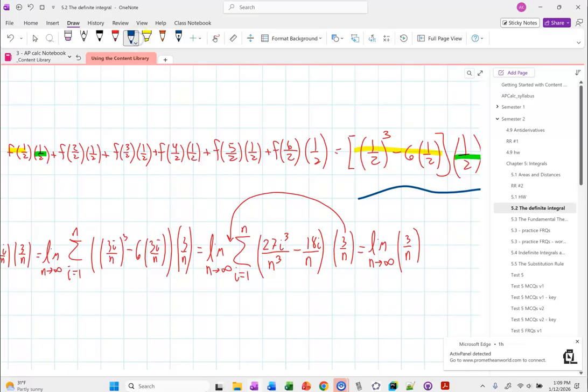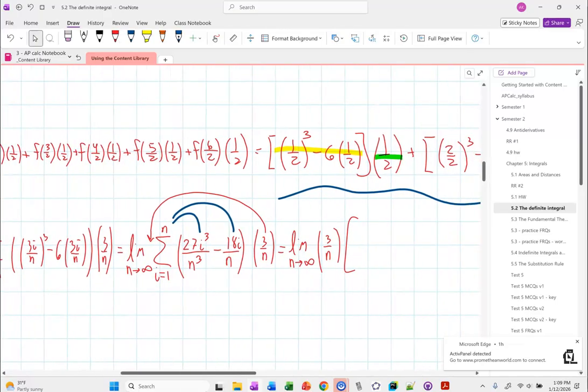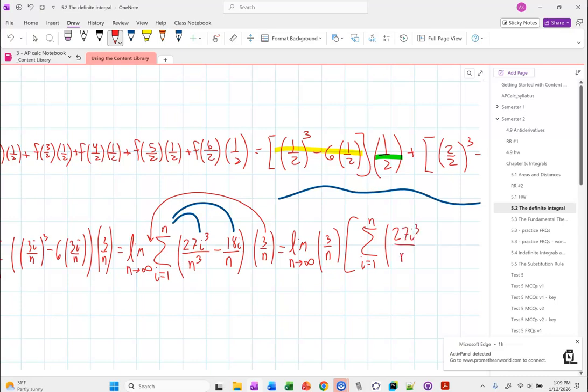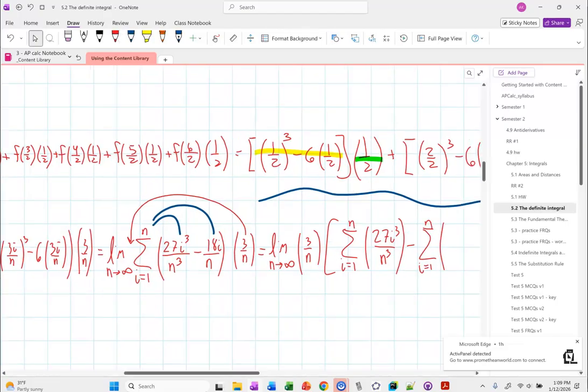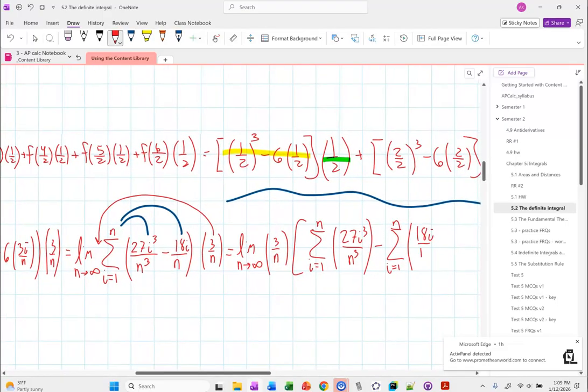And then I'm going to distribute my sum across the subtraction symbol. Everybody okay with what I did there?